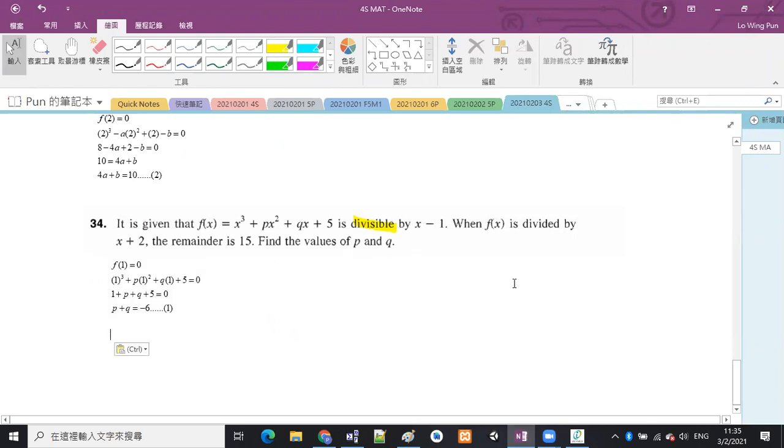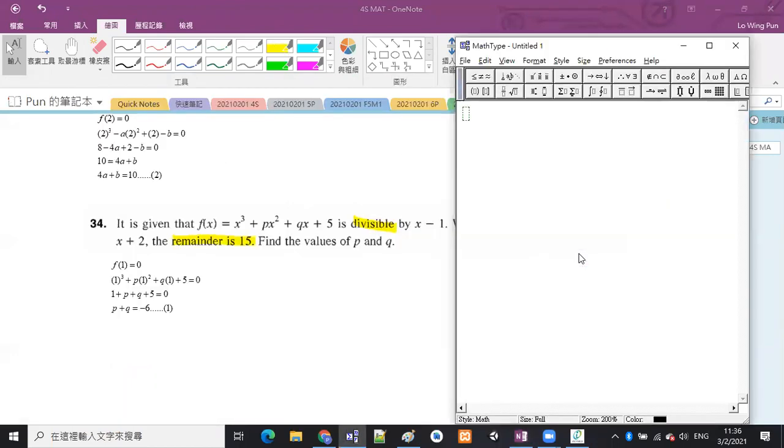But what is the second information? It is that when fx is divided by x plus 2, the remainder is 15. This time we have remainder to be 15. But how to calculate the remainder? It is by the remainder theorem, putting number into fx. Because the divisor is x plus 2 this time, the number should be f negative 2, and the remainder should be equal to 15.